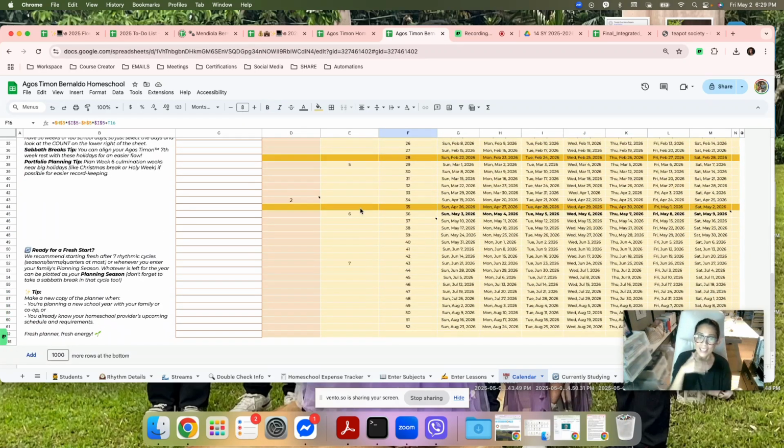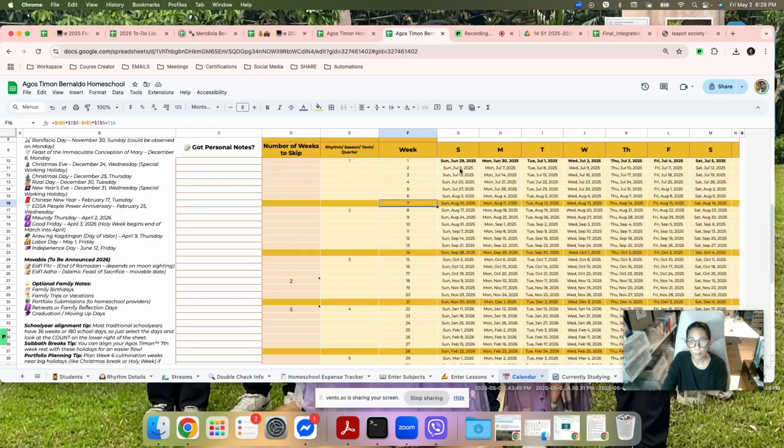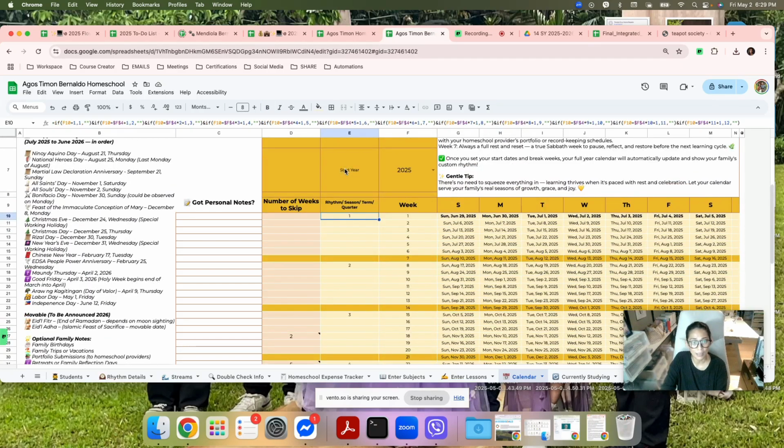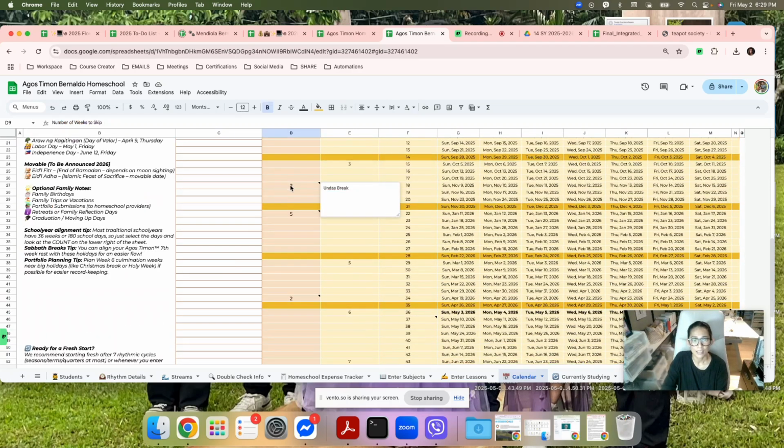This is the Sabbath, or the rest, in the Timon method of planning. I have plotted our school to start June 30 only because I want to take breaks.